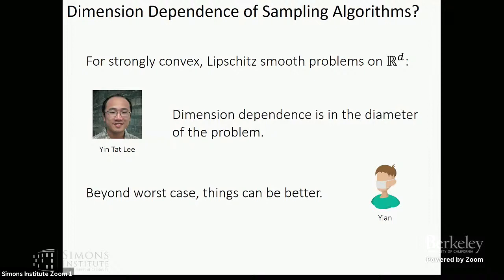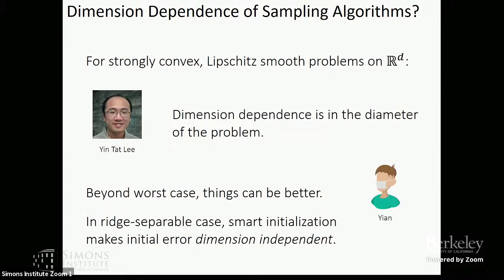But beyond the worst case, things can be different. If we think about the ridge separable case that Wenlong just introduced, and if we further assume that each individual log likelihood is Lipschitz smooth, then there is a way to smartly initialize so that the initial error doesn't depend on the dimension. So it gives us some hope that things may become dimension independent in some of those cases.